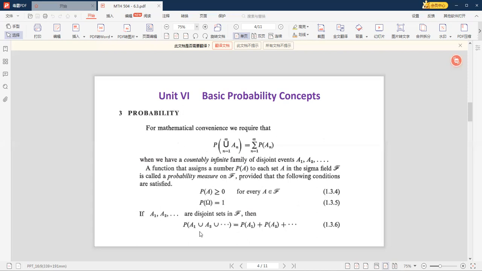And the other thing is, if we have disjoint sets in this field F, and you take the function value of the union of those disjoint sets, you should get the addition of the probability of each event. So it should satisfy those three conditions.